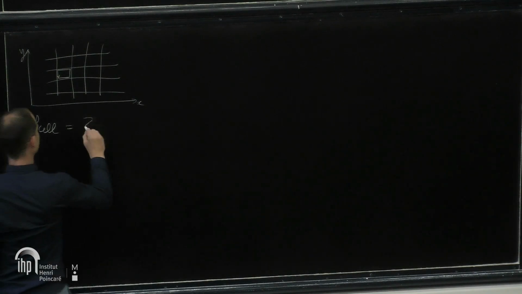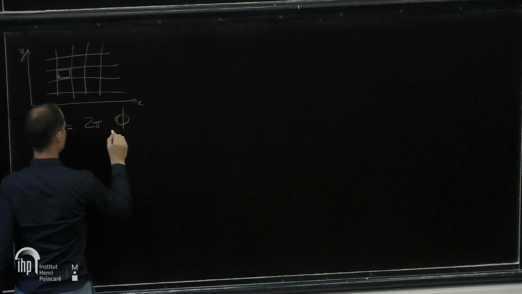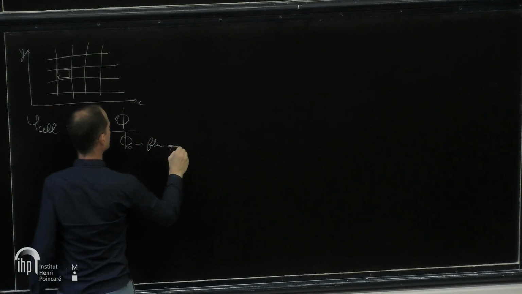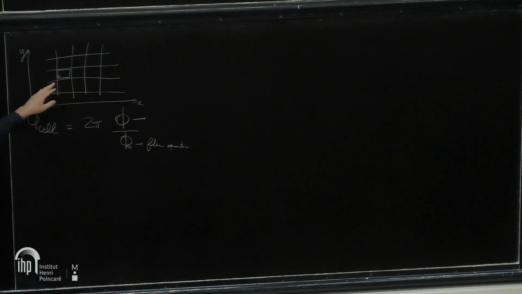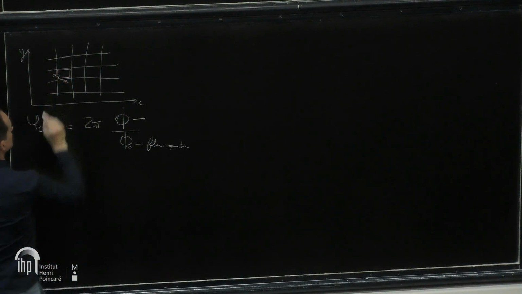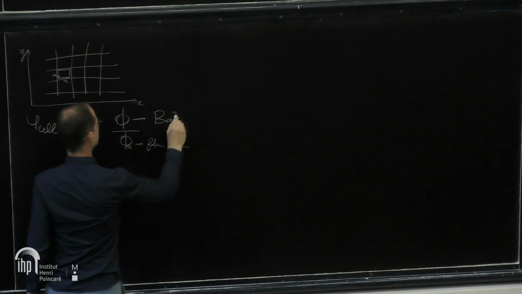And we can easily see that it is given by 2 pi times the flux phi, divided by the flux quantum phi 0. And this is the flux of the magnetic field I impose over the unit cell. So if I call a the lattice spacing, it's B a squared.